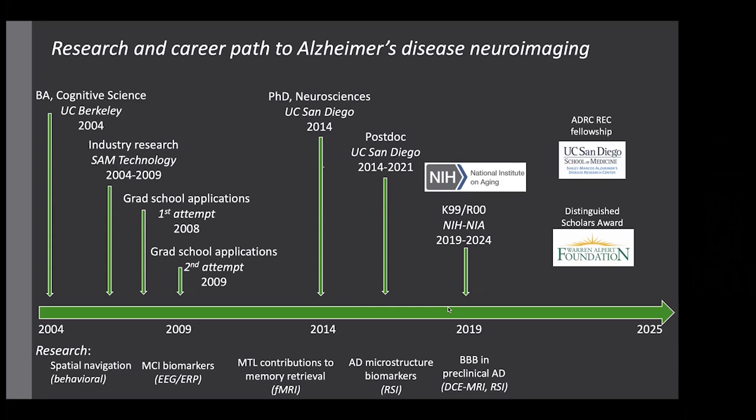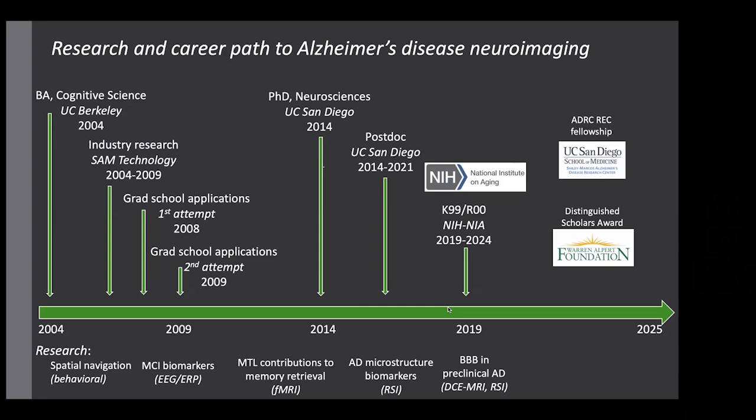A colleague suggested that I look into some MRI techniques for measuring vascular dysfunction, including a technique to measure blood-brain barrier permeability. I thought this is a really cool idea, and I didn't know anybody at UCSD who was doing this. So I applied for a grant from the NIA for a career development award.